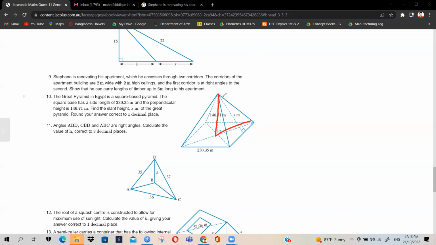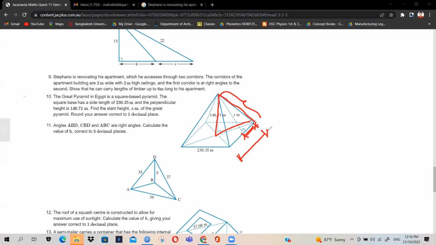Now, this is the slant height, right? And what will be the value for this? Can you tell me this portion? It would be the hypotenuse squared minus... No, no, the height.